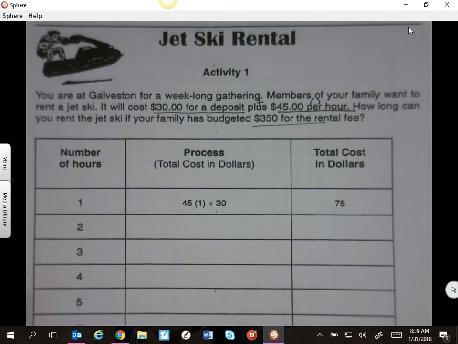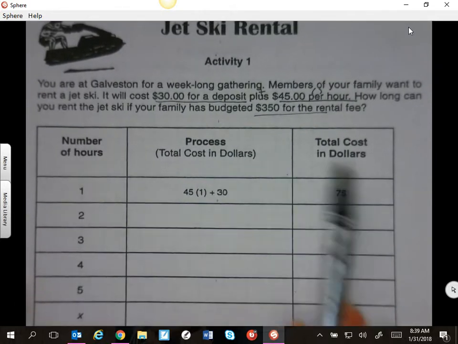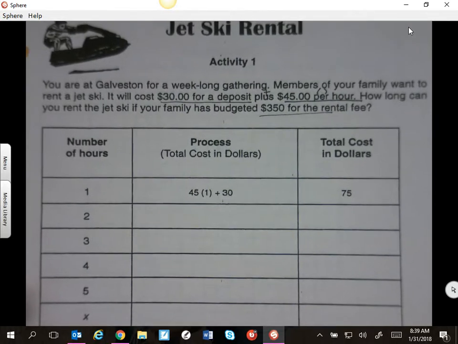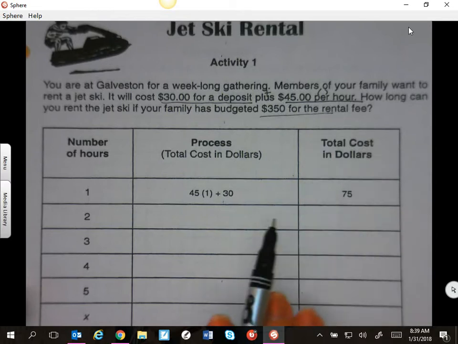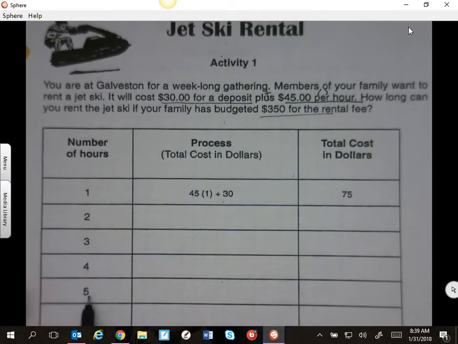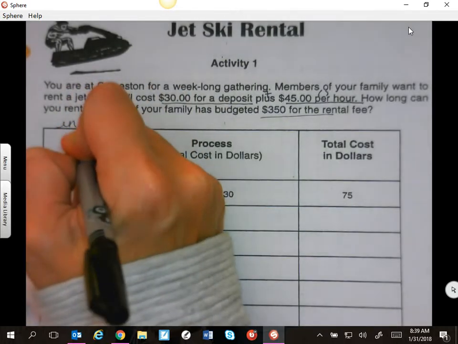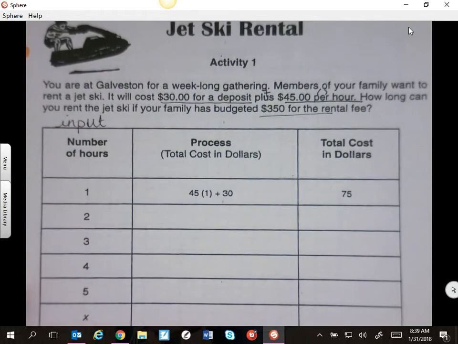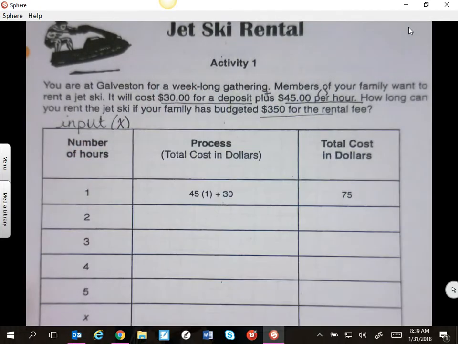So if you look at this table here, before we talk about that situation, I want to identify a couple of things. So number of hours, and then we have our process column, and we have our total cost. When we put in the number of hours, we get out the cost. So on a table, your left-hand column will always be what we call our input. It is always going to be our X on a graph.